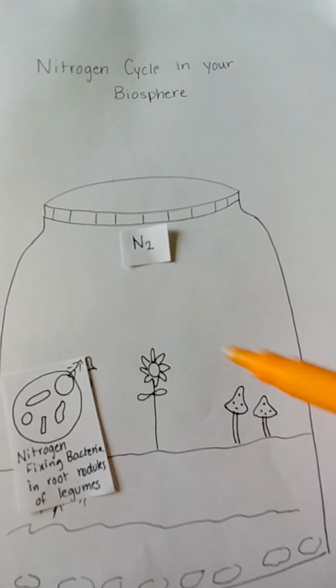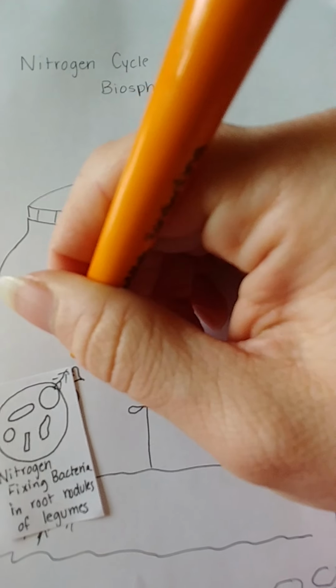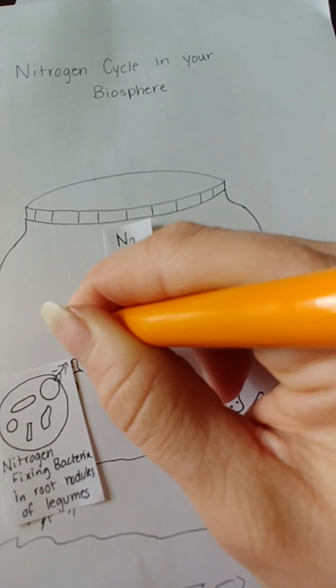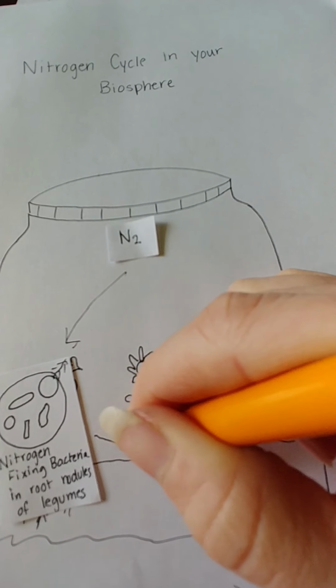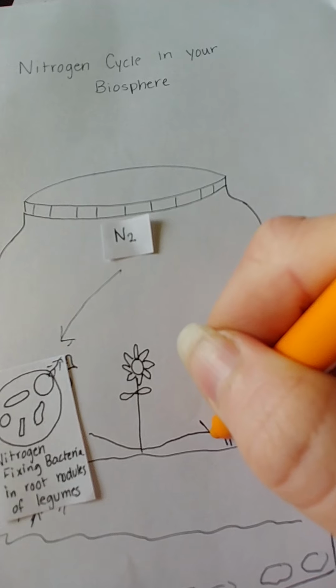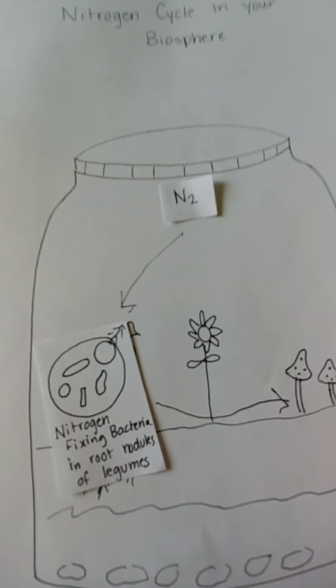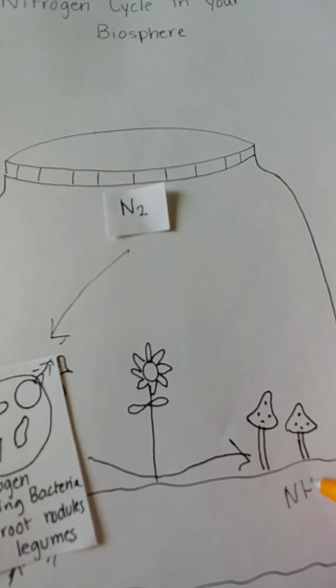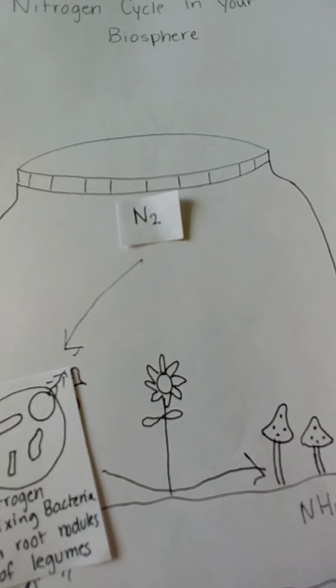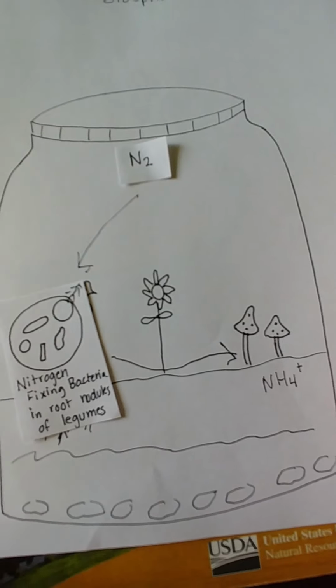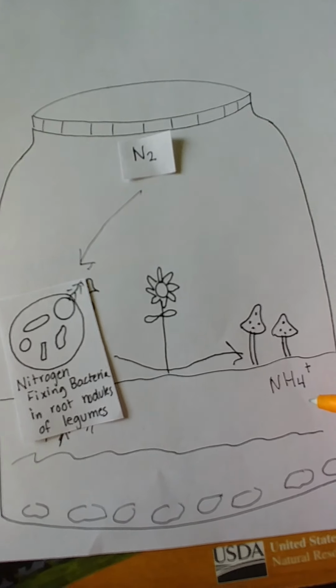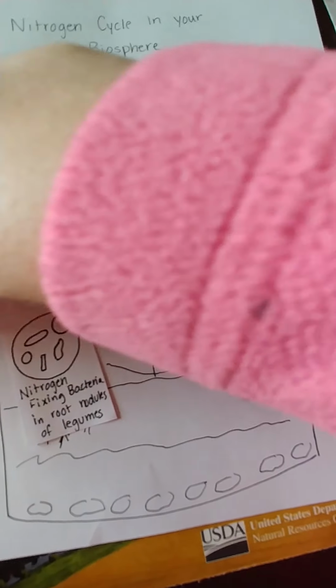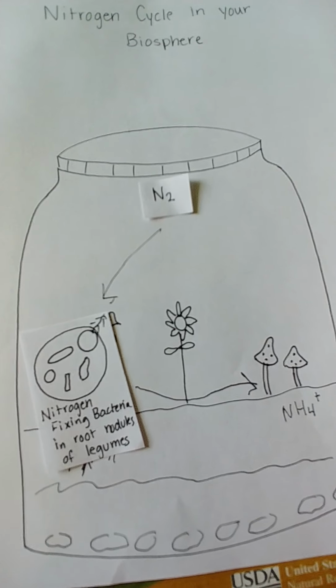So if I go from the atmosphere to my legume, the legume is then going to go into the decomposers. That's going to change it into NH4+. Then we're going to run with some nitrifying bacteria, which I have here.